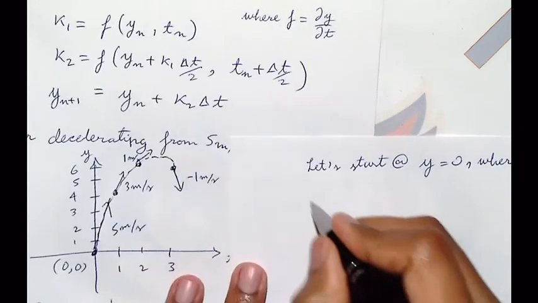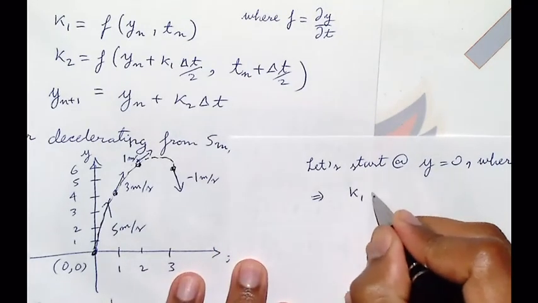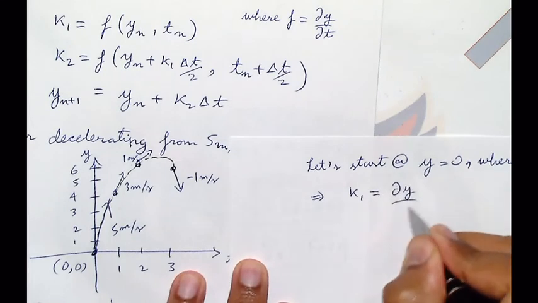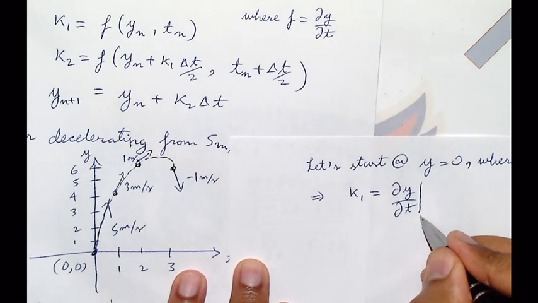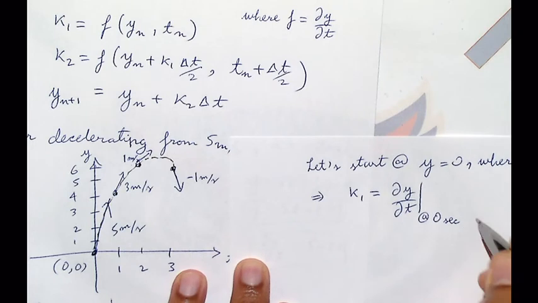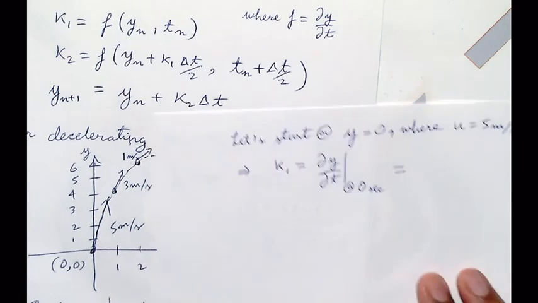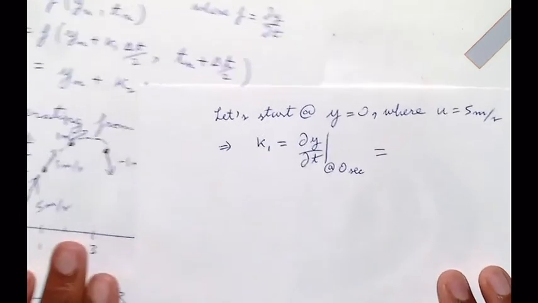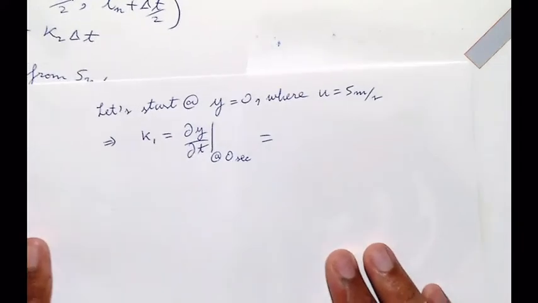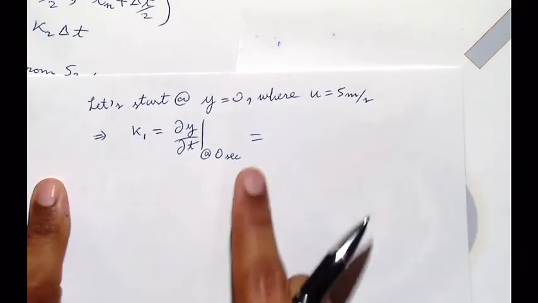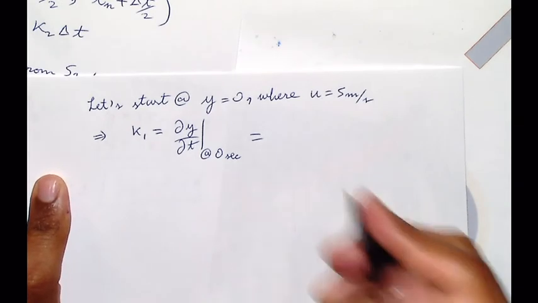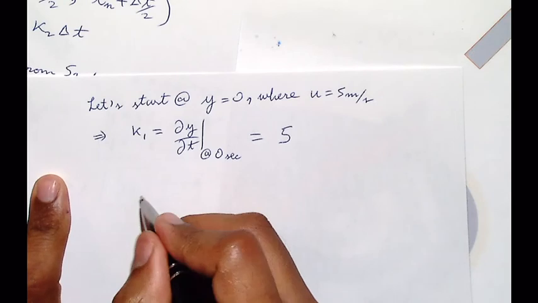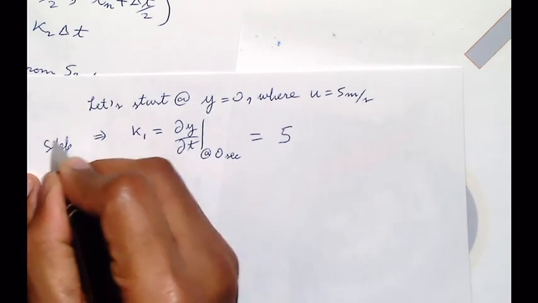Okay? So, what is k1? Del y by del t at 0 seconds. I'll bring the table when we need it, but alright, what is k1? 5. Alright, perfect. Now, so this is step 1.